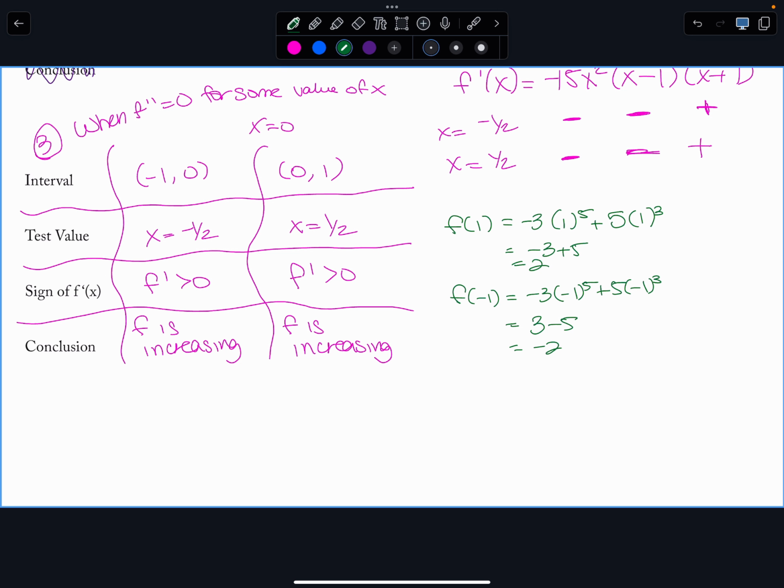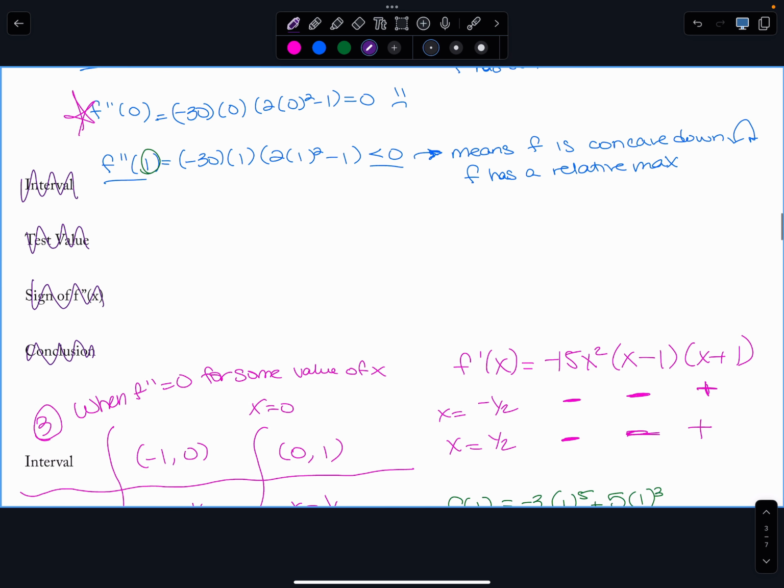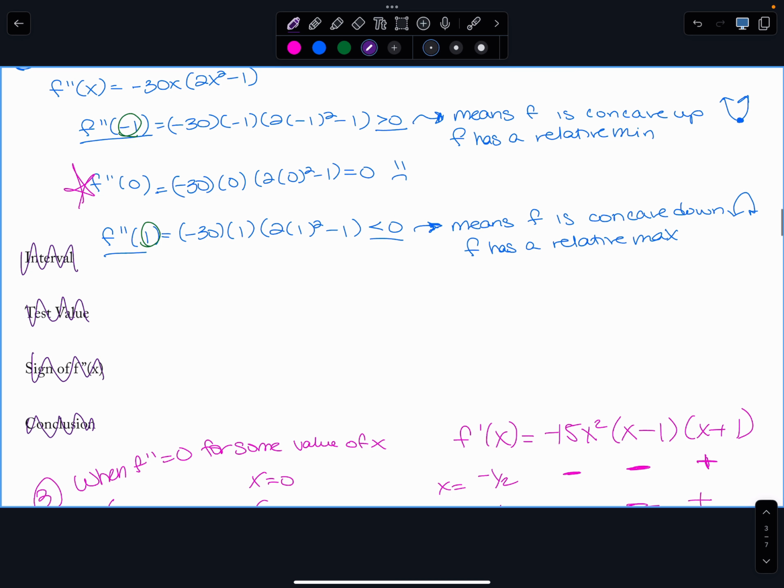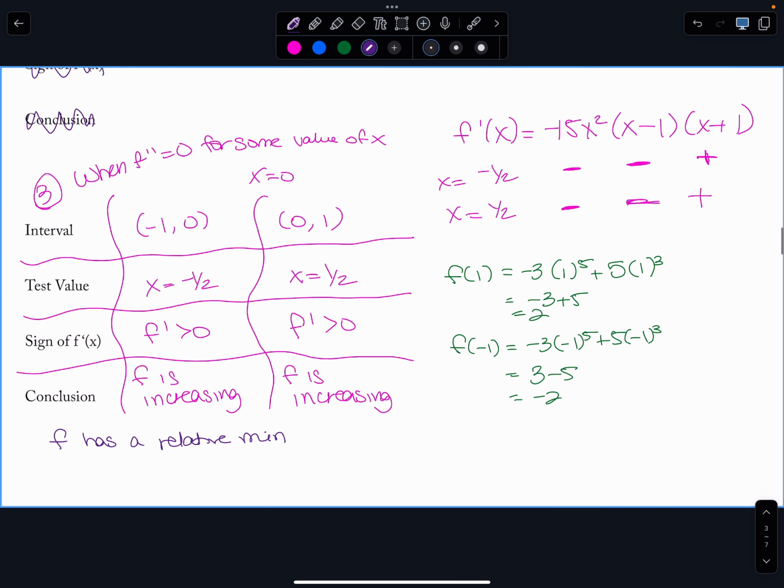So now I have to write one big conclusion. f has a relative minimum, we said, at negative 1, comma, negative 2.